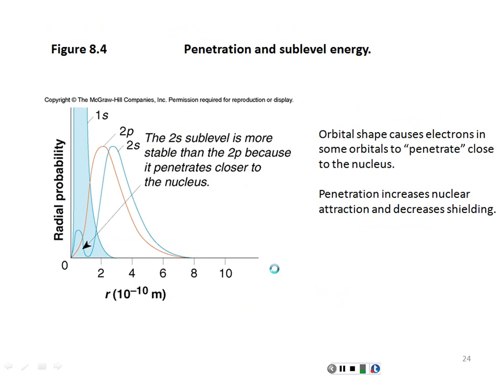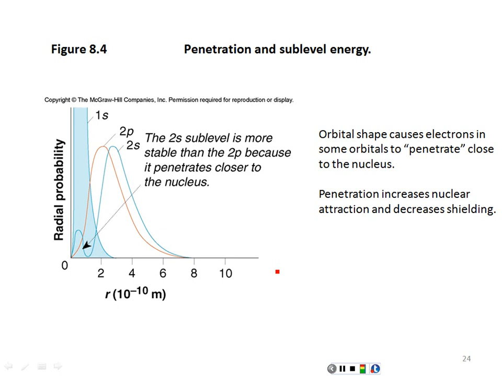Your book gives this figure as well, talking about the penetration of an orbital and how that leads to orbital stability. The closer an electron orbital gets to a nucleus, the more stable that orbital is, the lower the energy of that orbital, because the negatively charged electron is closer to the positively charged nucleus, and they attract one another.